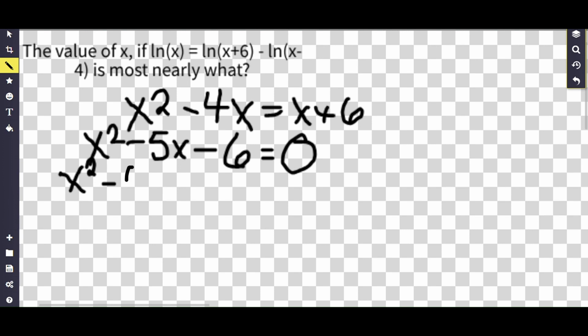So your x squared becomes x squared minus 6x plus x, and then we're subtracting a negative 6. It's all equaling 0, so nothing's really changed. It's just that difference in the negative 6. A negative 6x plus a positive x gives you the negative 5x.